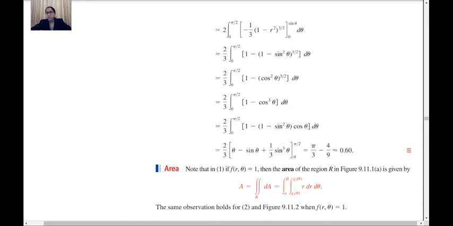We have to consider the region which is given to us, and the z value which is given to us will be our function. And then we have to determine the limits of theta and r and proceed accordingly.